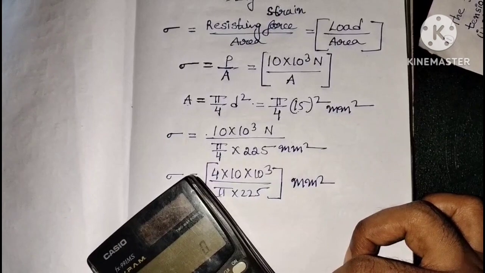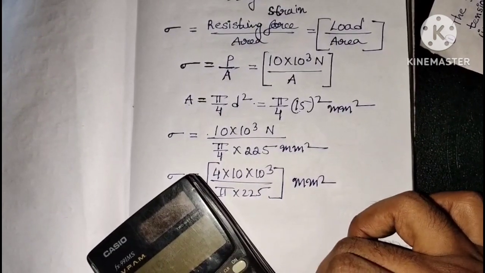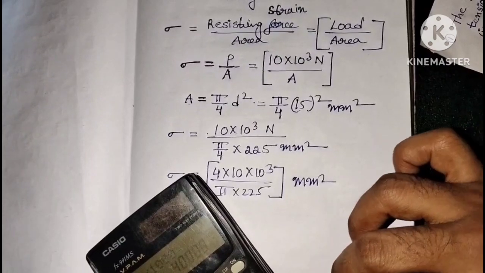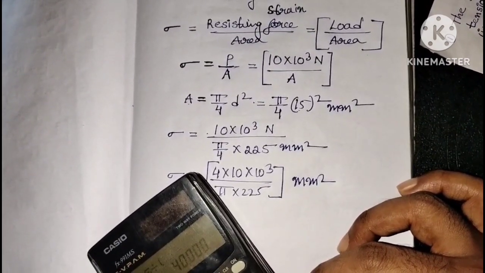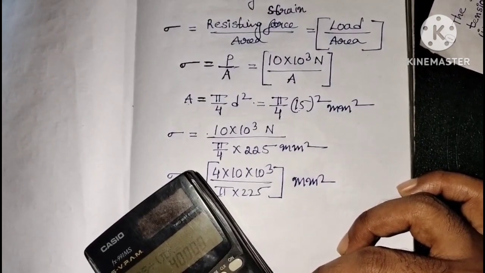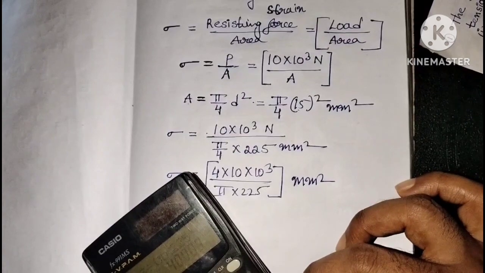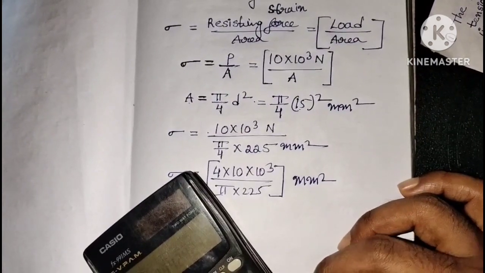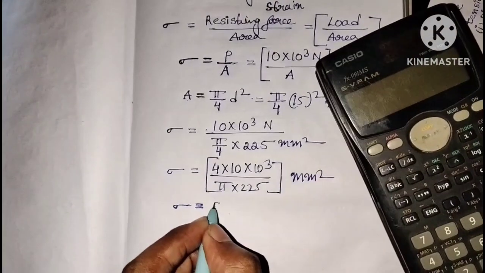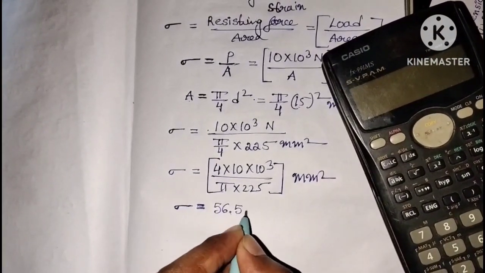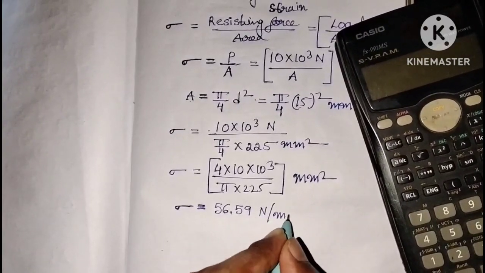Forty into divided by pi into 225, 56.588, 56.59 approximately 59 Newton per mm square.